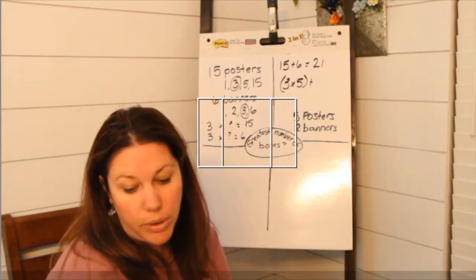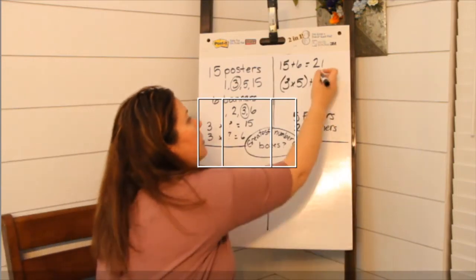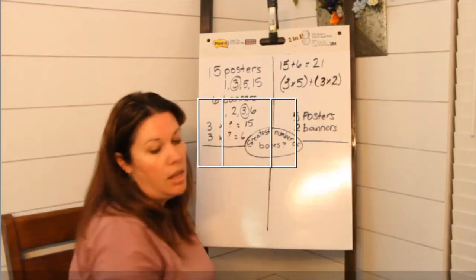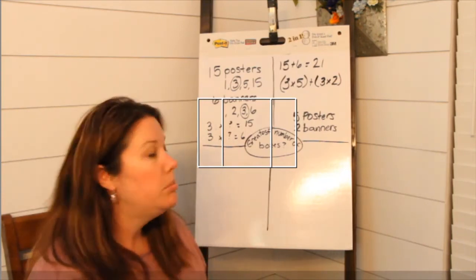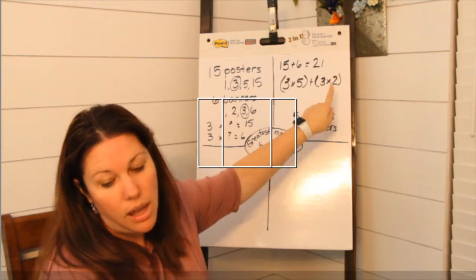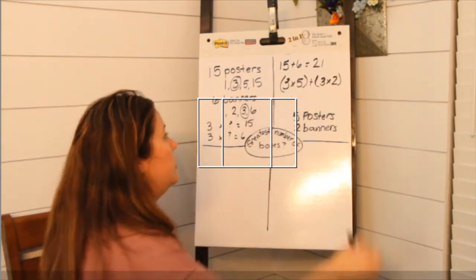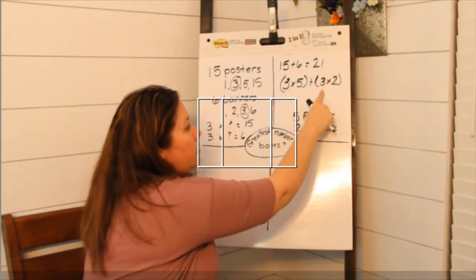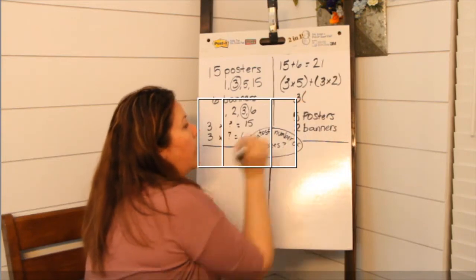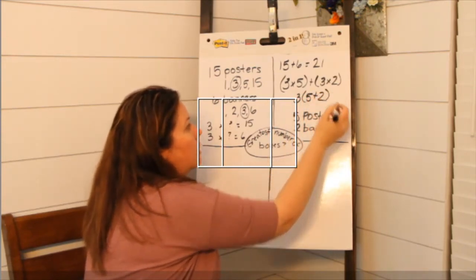And then if we times 3 by 2, we're going to get 6. Okay. So now what we've done is we've distributed our 15 and we've distributed our 6. And then when we put that together, we can also write it like this. Because we have a 3 here and a 3 here, which is their greatest common factor, we could put that on the outside. And then on the inside would be 5 plus 2.